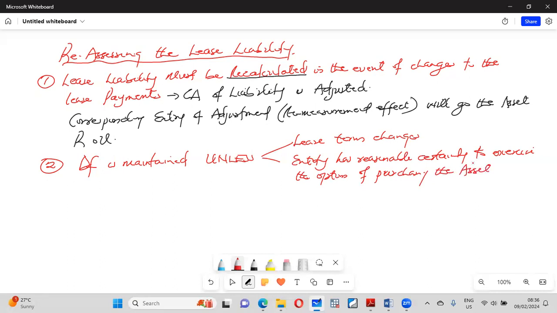The more reason why we will affect the carrying amount. All right, because if the lease term changes, you use the old lease term to perhaps do the depreciation. All right, so that is the main reason why.